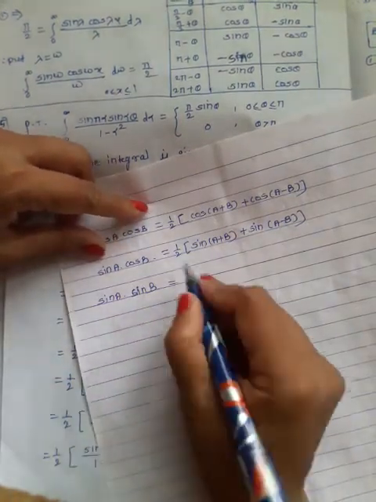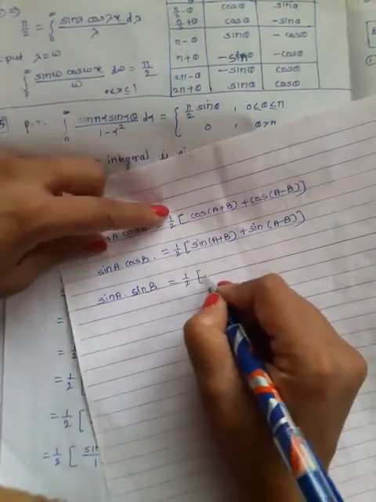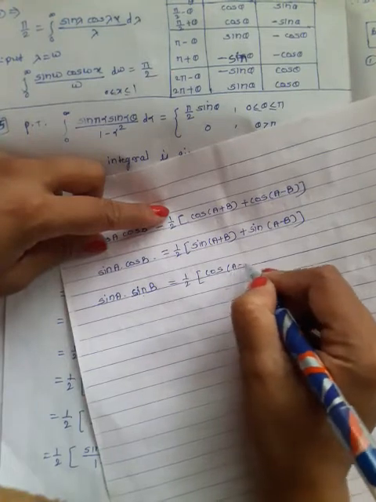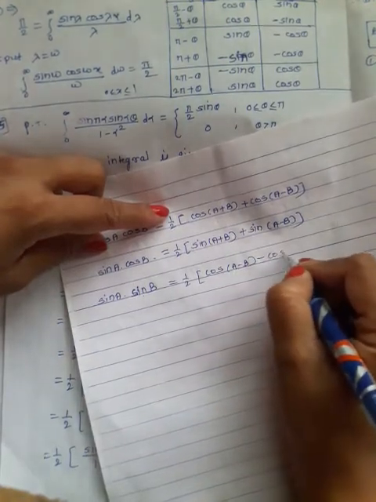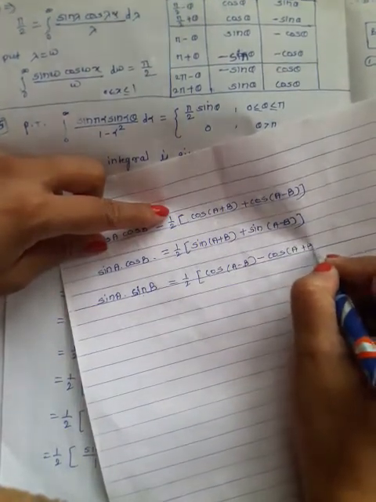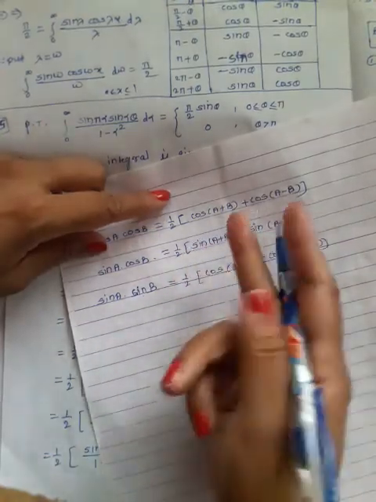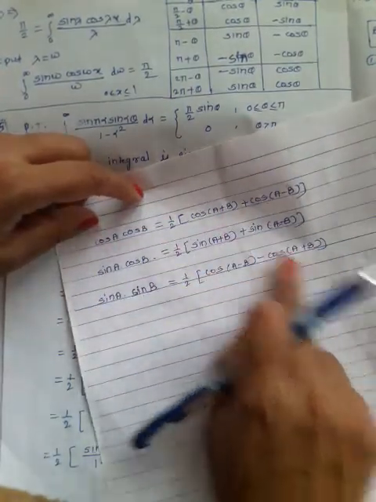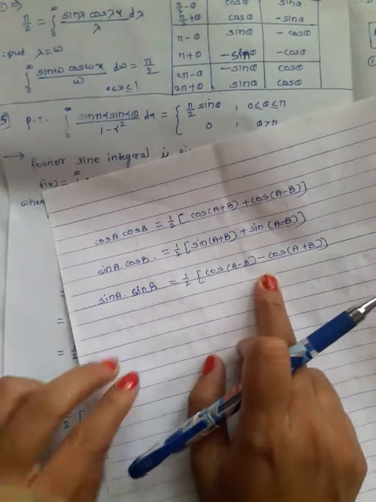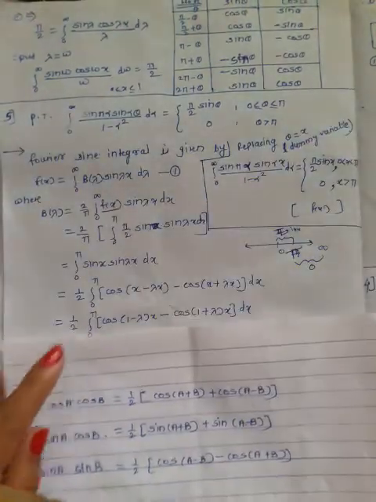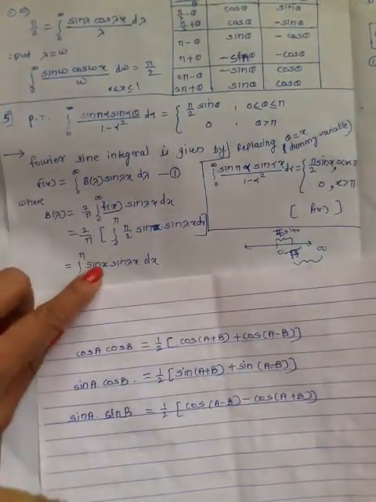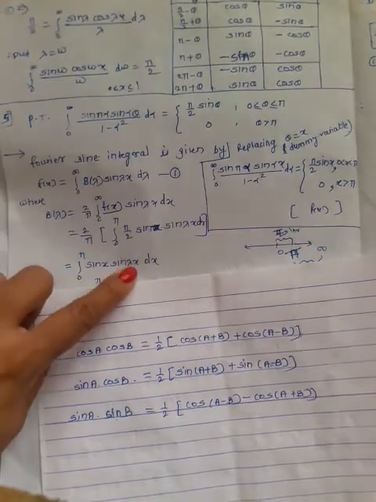Here the sin a sin b formula is half, obviously, cos a minus b minus cos a plus b. You have to just reverse the cos formula, with the middle sign minus. Okay, now what is a here? In sin a, a is x, b is lambda x.